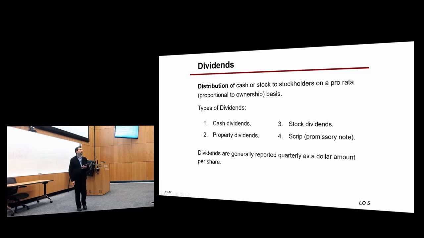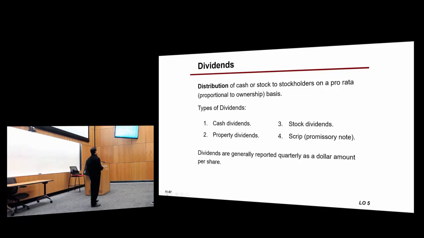We get to the distribution of dividends. Okay? Dividends are whatever part of net income that the company decides to share with their shareholders. They give back to their shareholders, right? The most common form of dividends is, of course, cash dividend. Another frequent type is called stock dividend.